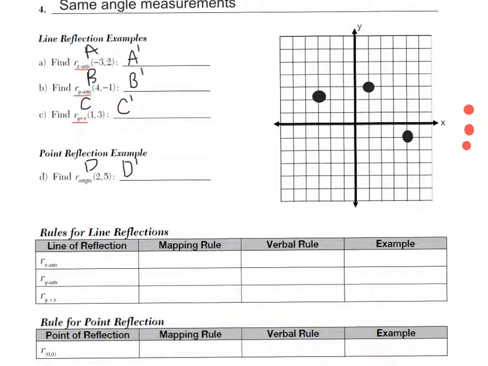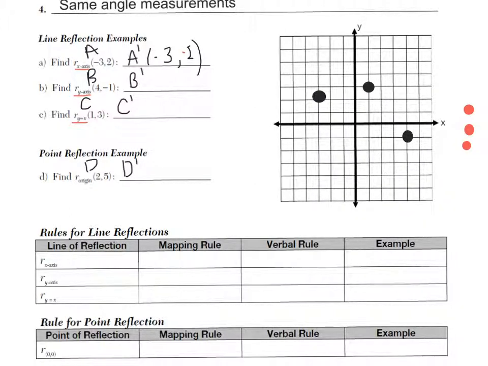So my first point, A prime, we said that if a point is reflected over the x-axis, then that means that my x value stays the same. So my point will still be -3, but I'm going to need to change the sign of the y value. So if my y value is positive here, in my reflection it'll be negative.